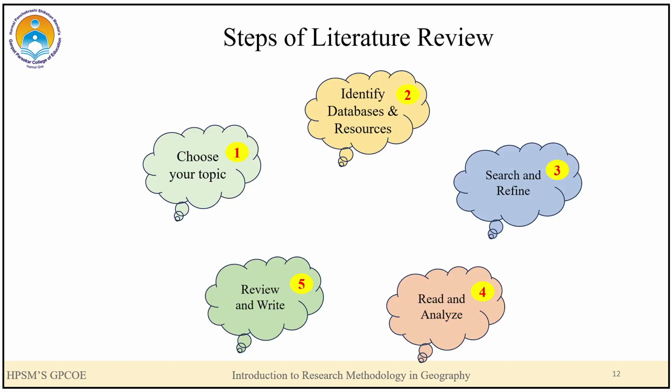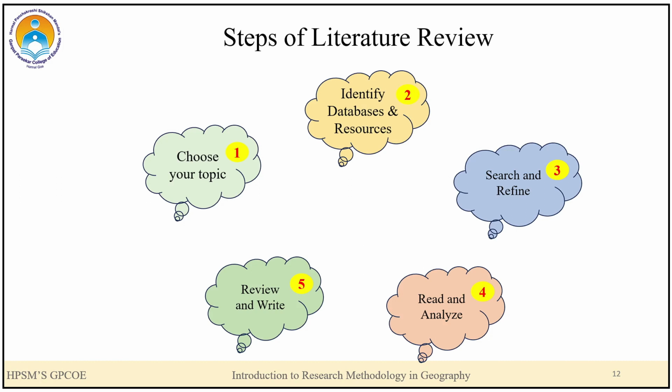There are a few steps involved when it comes to writing a literature review. The first, important step is to choose your topic. Then you have to identify the different databases and resources available. You will have to search for research articles or PhD theses. You will get n number of research articles and PhD theses pertaining to your topic.